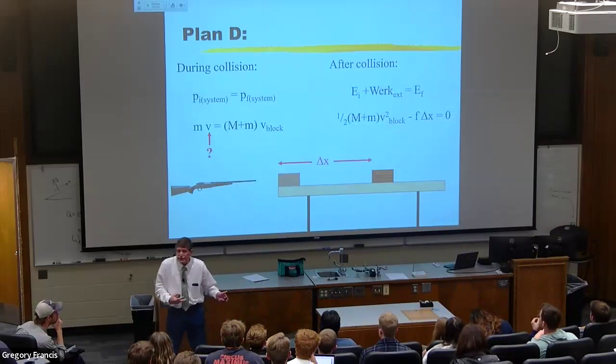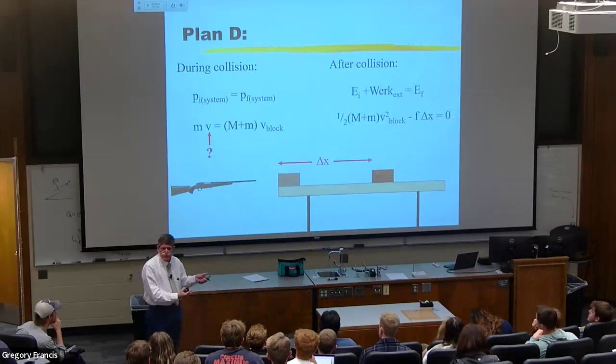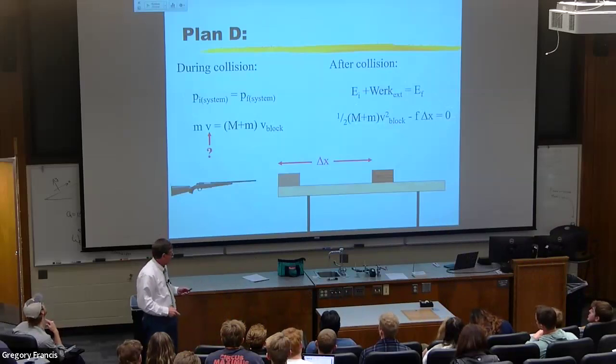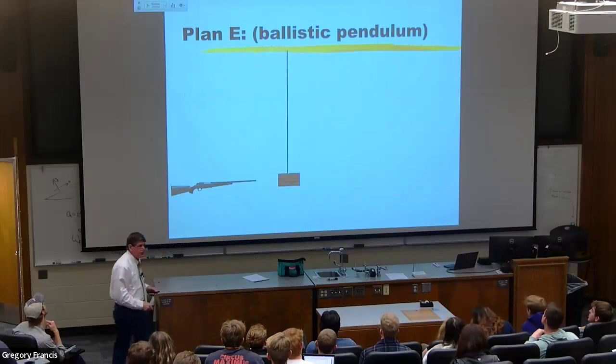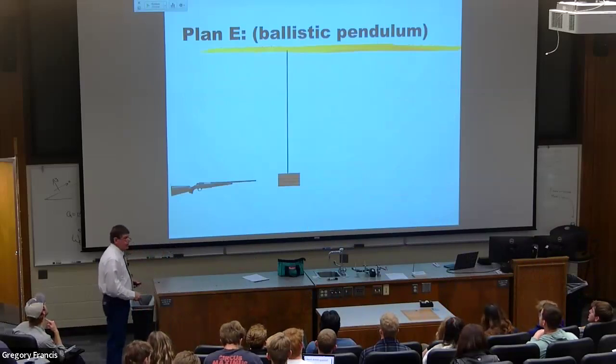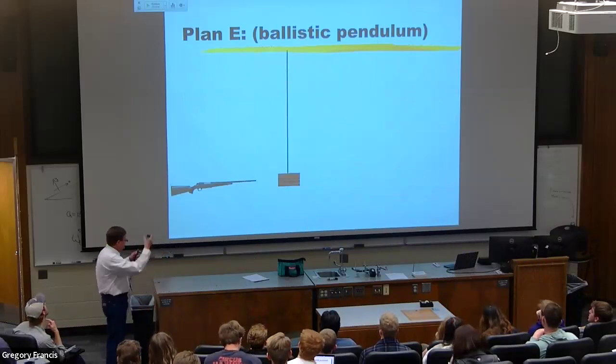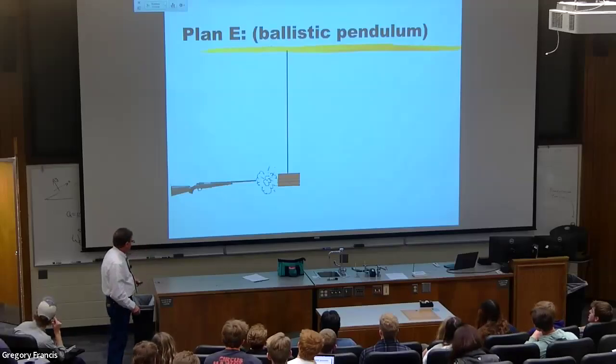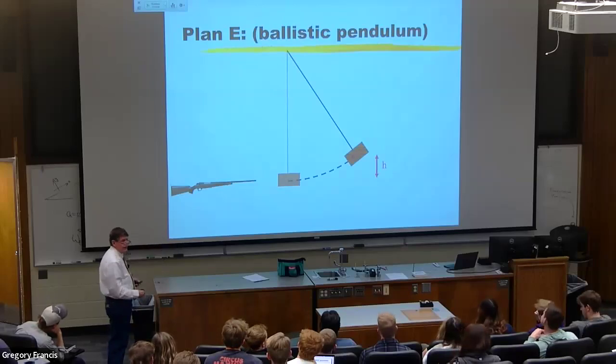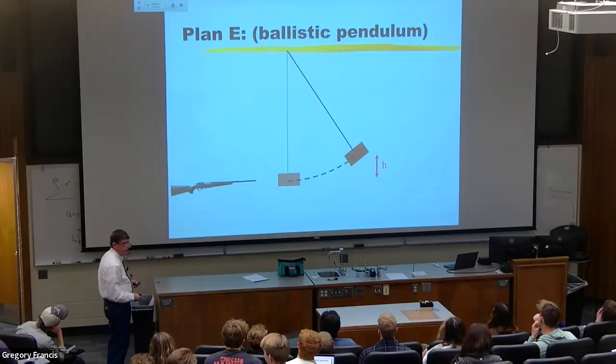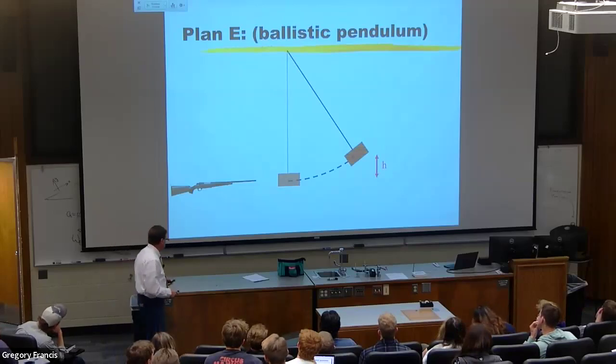Now, again, I said this is something like what they do, but not what they do. What they do is what's called the ballistic pendulum, where they fire that bullet into a block that's hanging from some pendulum, and they essentially look to see how high the block swings up before it stops and turns around.